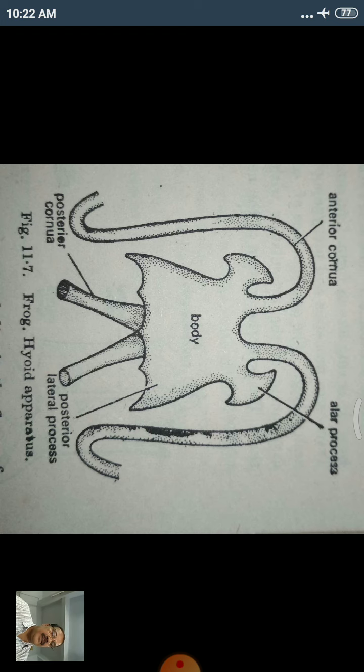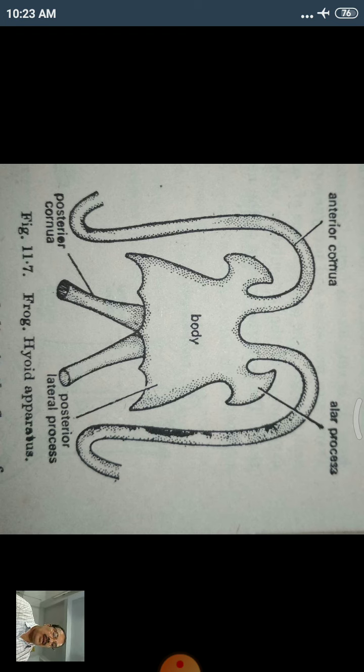In front are two long anterior cornua of cartilage. They curve backwards and join the auditory capsules. Posteriorly is a pair of strong, bony posterior cornua, between which lies the glottis. The hyoid lies in the floor of the pharynx.